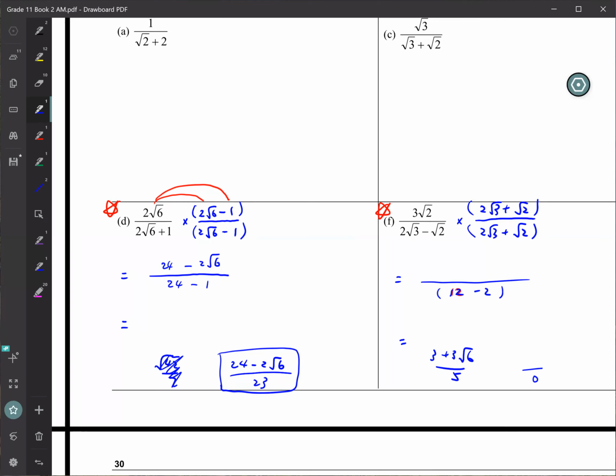And then the numerator, that will give you 6 root 6 plus 6, I think. Yes. Okay. That will become 6 root 6 plus 6 over 10.